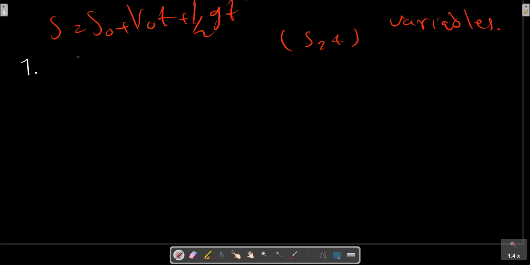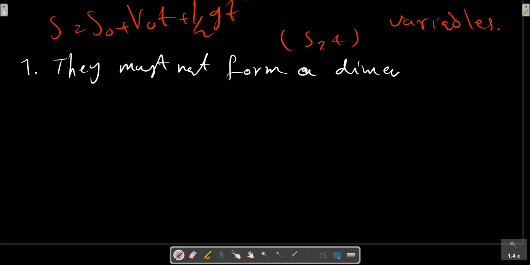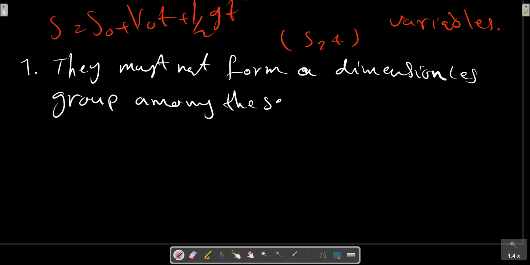The first guideline is that they must not form a dimensionless group among themselves.